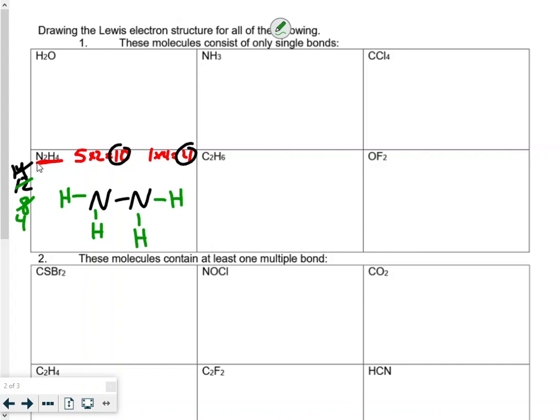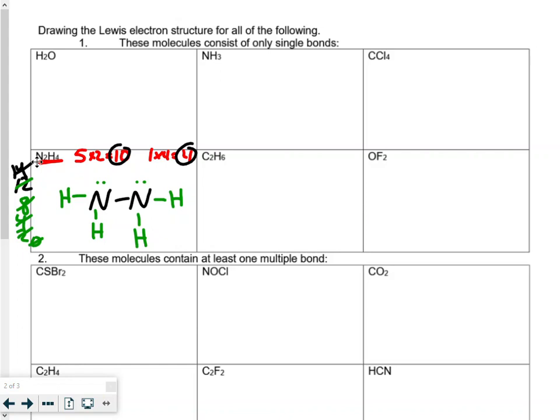We have 4 electrons, and where do we put them when we have extra? They go on the central atom. So 2 down to 2, 2 down to 2. Does everybody have their necessary numbers? The nitrogens have 8, 2, 4, 6, 8. Each hydrogen has 2. Everybody is happy.